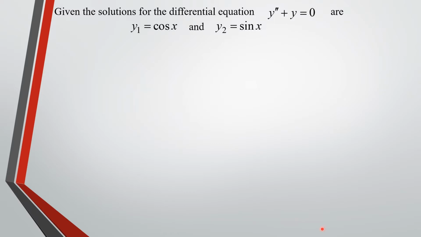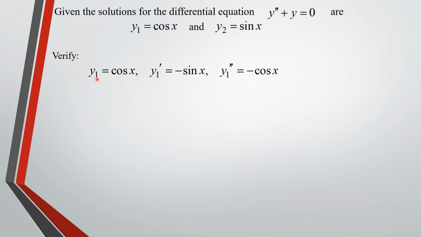Using the same example, given that the solutions for y double prime plus y equal to 0 are y1 equals cos x and y2 equals sin x, I would like to start by verifying that y1 is a solution of this DE. How do we verify that? We use the technique that we learned in chapter 1.